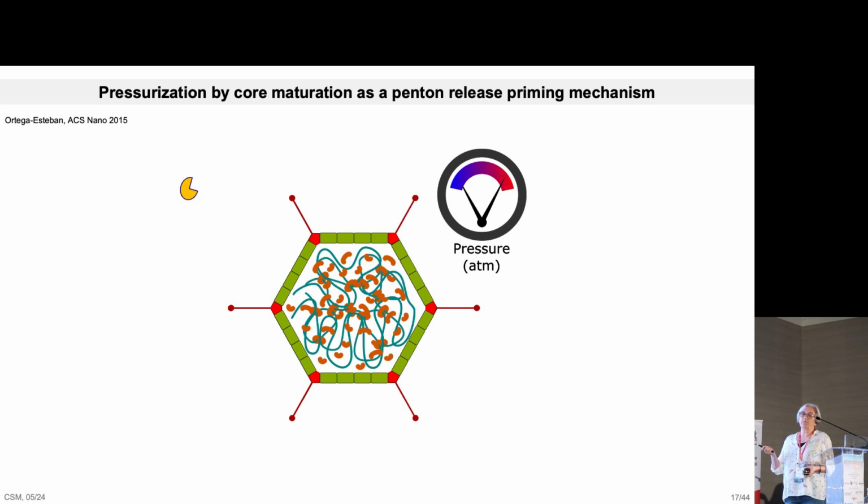And this pressure destabilizes the pentons, which are by definition the weakest part of an icosahedral particle. So this particle is now metastable. So when it receives the appropriate signal, such as binding to the receptor or acidification in the endosome, these pentons are released. And this opens the way for the exposure of the lytic peptides, allowing it to break open the endosome membrane.